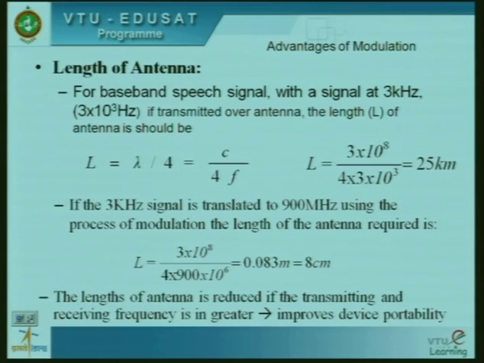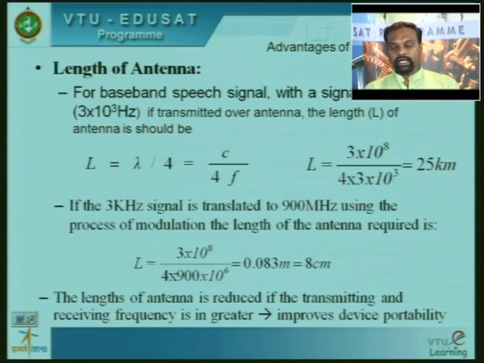So, you need an antenna of 8 centimeters. That is practically possible, it is very small in size. If you have an antenna of 8 centimeters, it is definitely possible to carry your mobile phone in your pocket. So, if you translate a frequency of 3 kilohertz to 900 megahertz, the length of the antenna required to transmit as well as receive the data is going to be reduced.